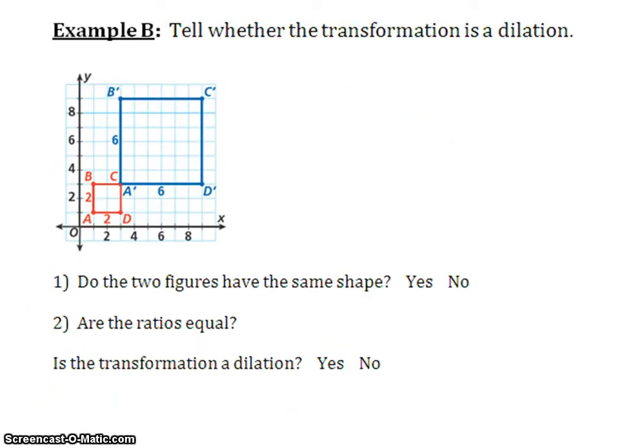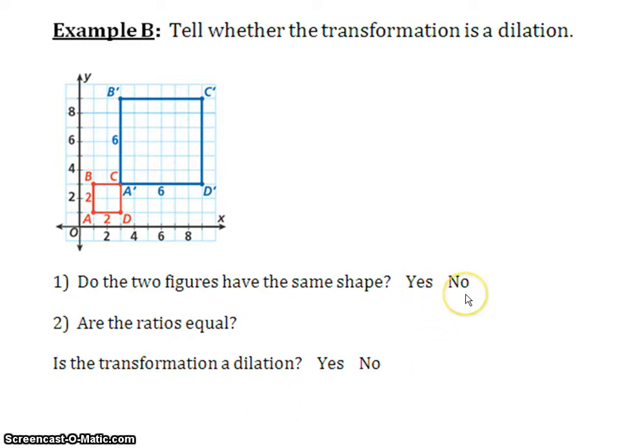Example B. Tell whether the transformation is a dilation. Again, if we look at the picture, ABCD, that rectangle is the original. The image would be the blue rectangle, A prime, B prime, C prime, D prime. Are these two shapes similar? Number one, do the two figures have the same shape?